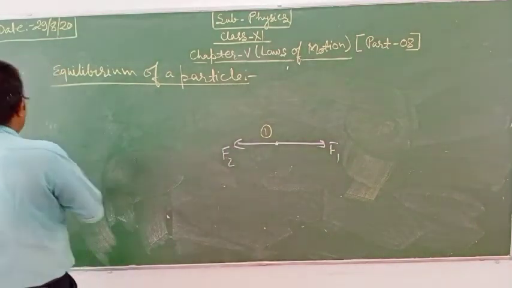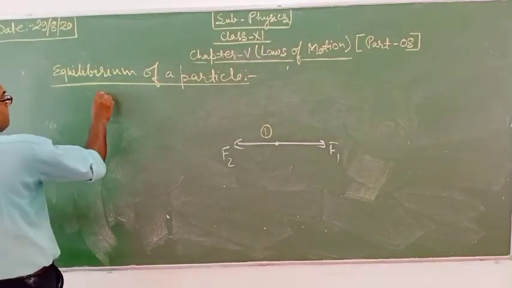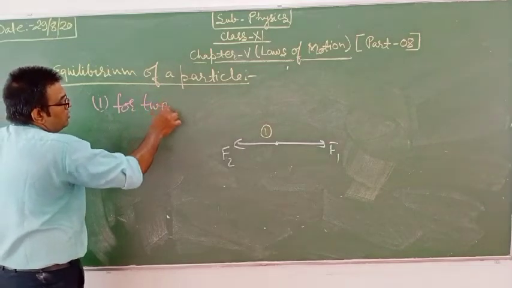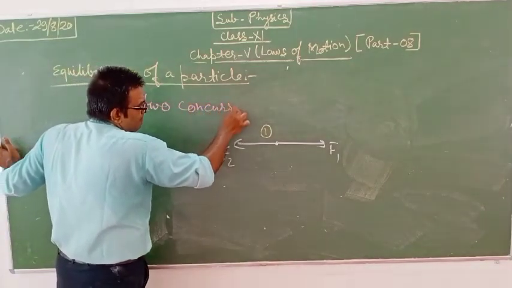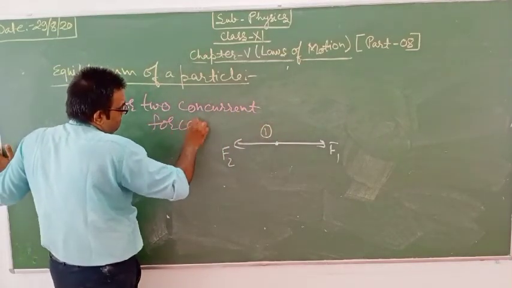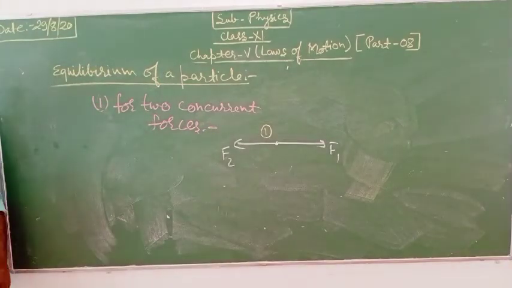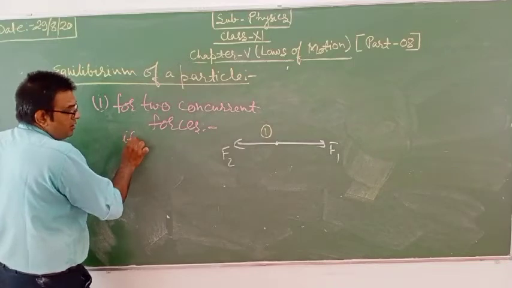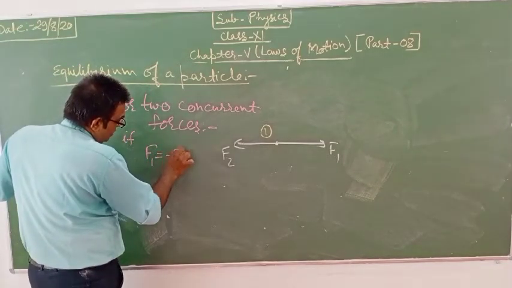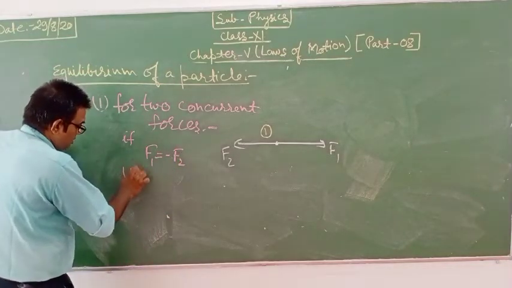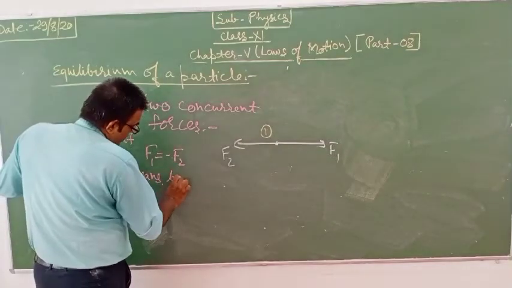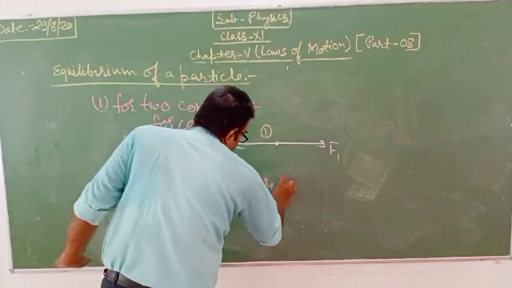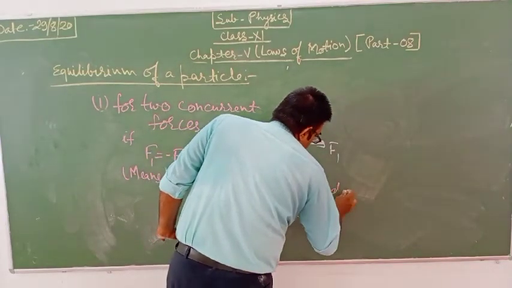Case first, for two concurrent forces: they are in equilibrium if F1 is equal to minus F2, meaning both the forces are equal and opposite.